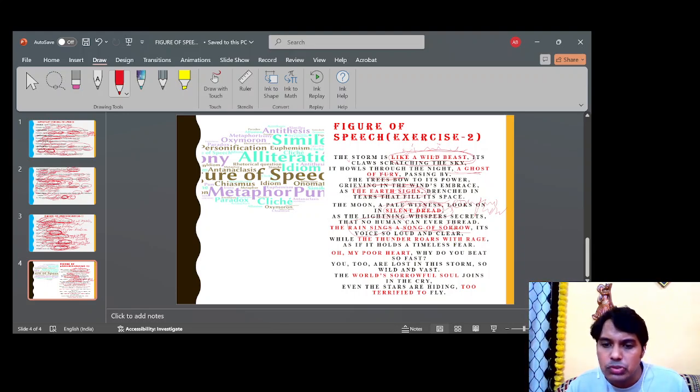Now its voice so loud and clear, while the thunder roars with rage. Now thunder roars with rage, of course it is antipathy, and it is an example of pathetic fallacy. Why? Because nature is showing not a sympathetic but an antipathic gesture. Now as if it holds a timeless fear.